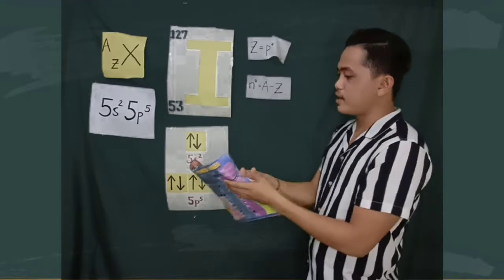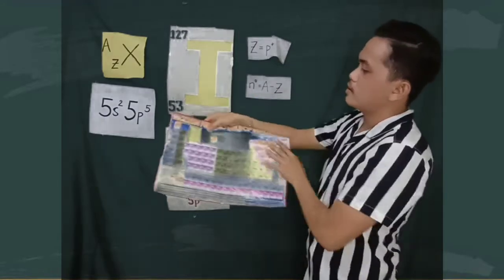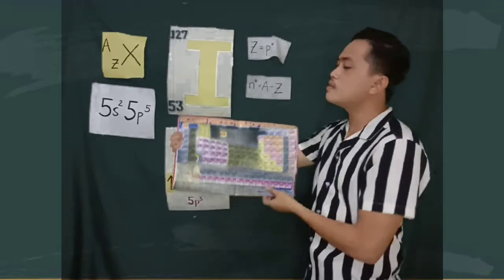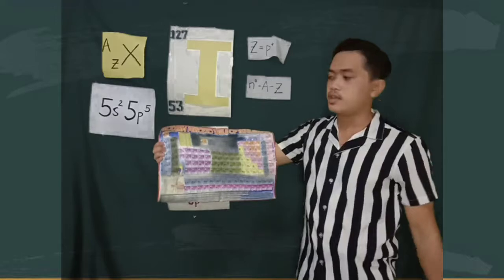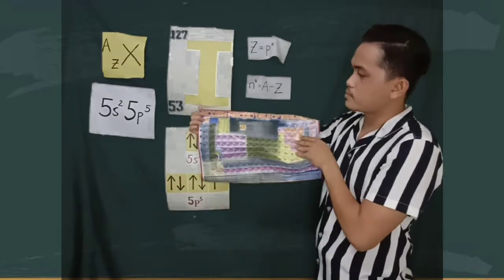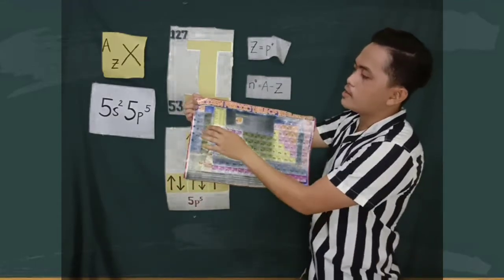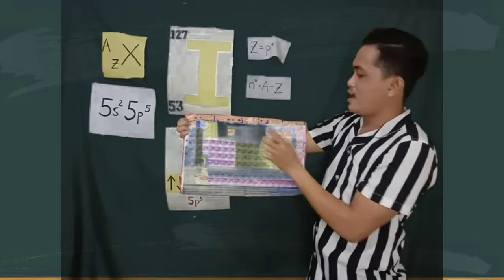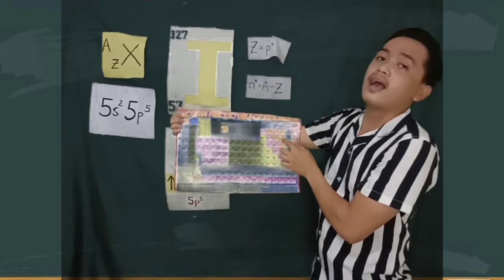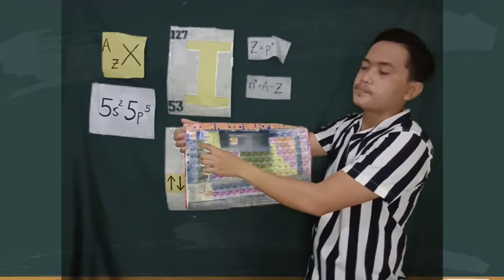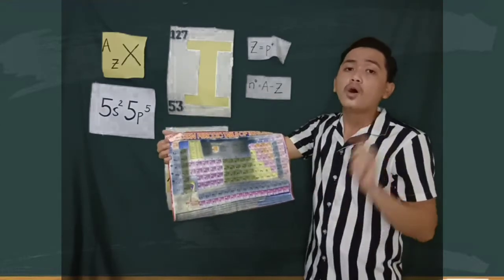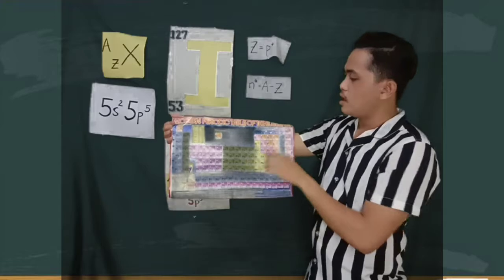So we need the periodic table here. In getting the valence electron configuration of element iodine, we will look at the S block and the P block. Subshell S holds up to 2 electrons.